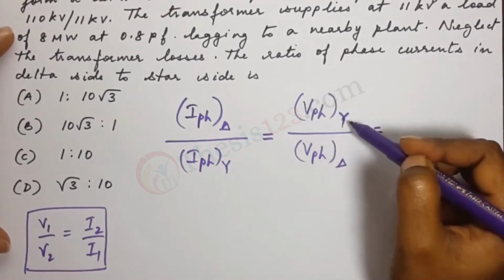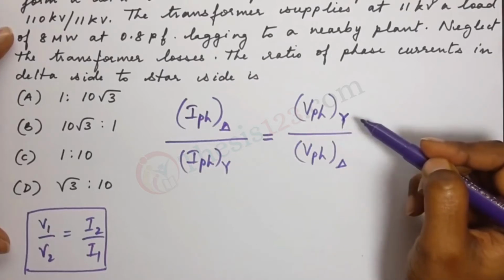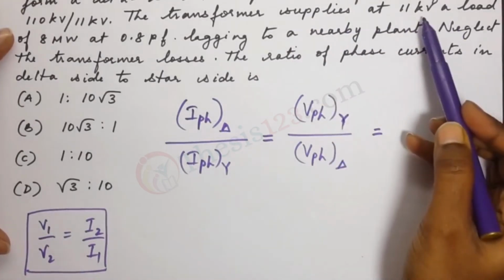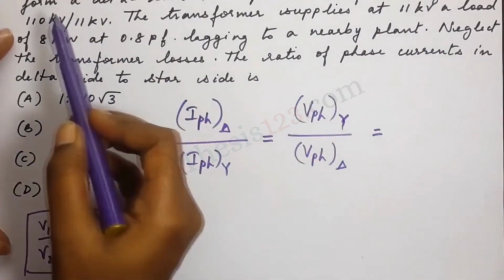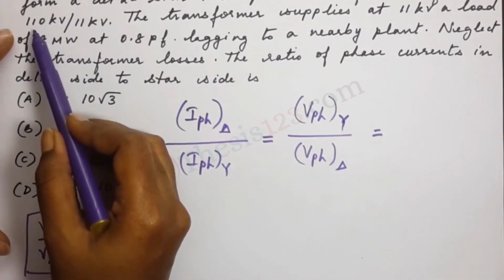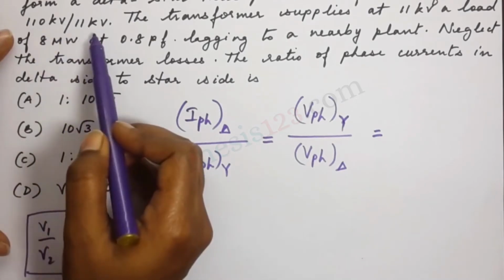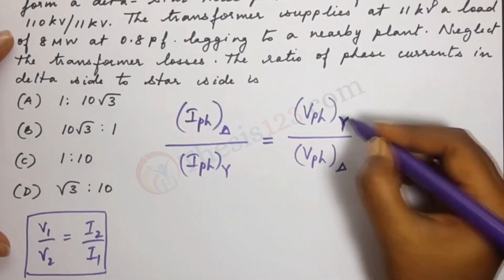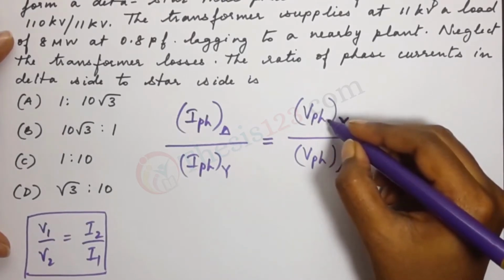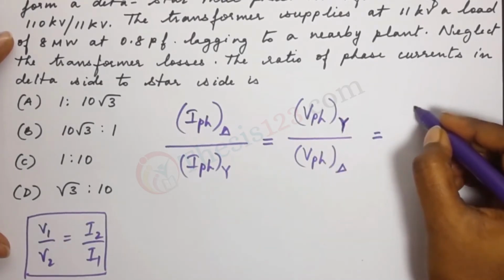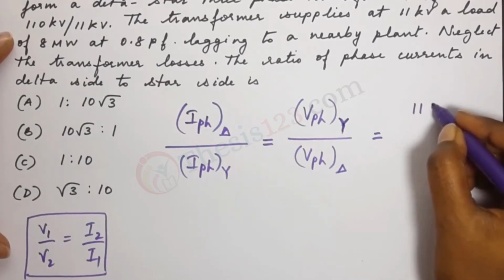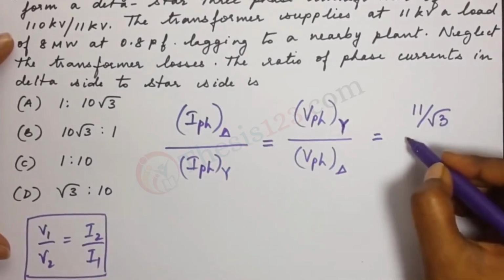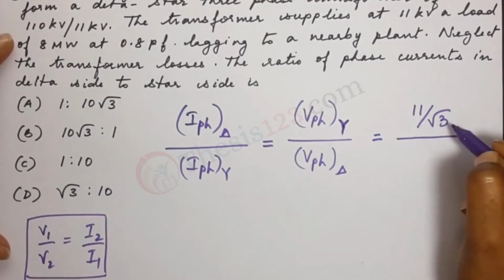Now, V phase of delta, it has been given that it supplies 11 kV, right? The transformer supplies at 11 kV here, and the ratio is 110 kV by 11 kV. Since we are talking about phase, the phase voltage for a star would be written as 11 by root 3. We divide by root 3 in order to get the phase voltage in star connection.